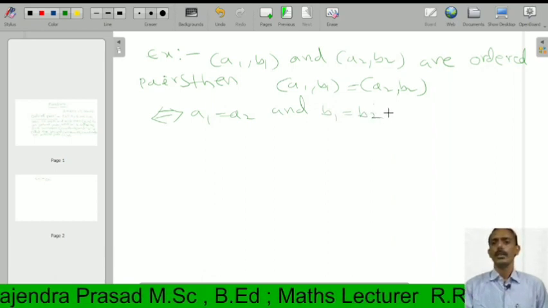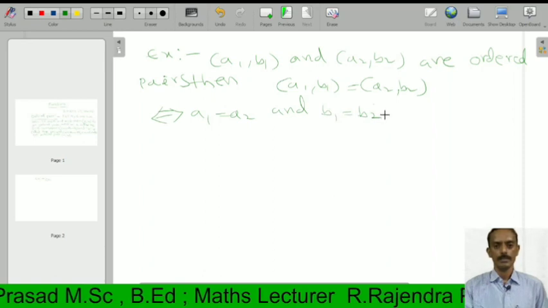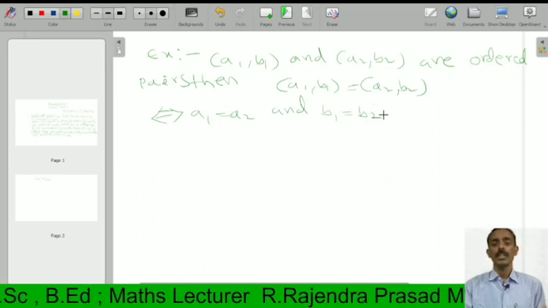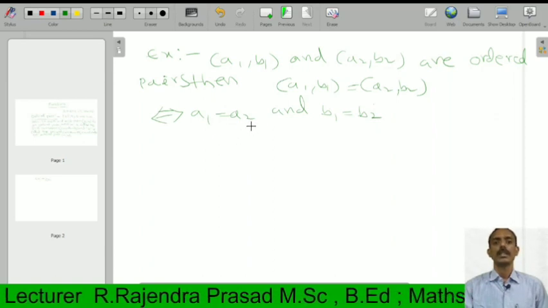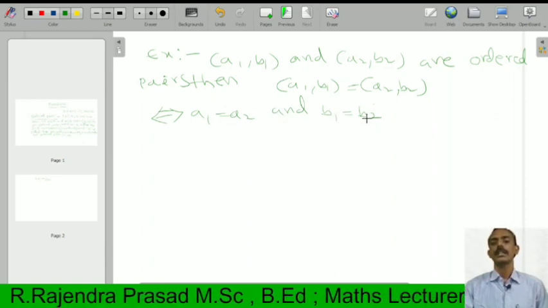If two ordered pairs are equal, then the first components are equal and the second components are equal.